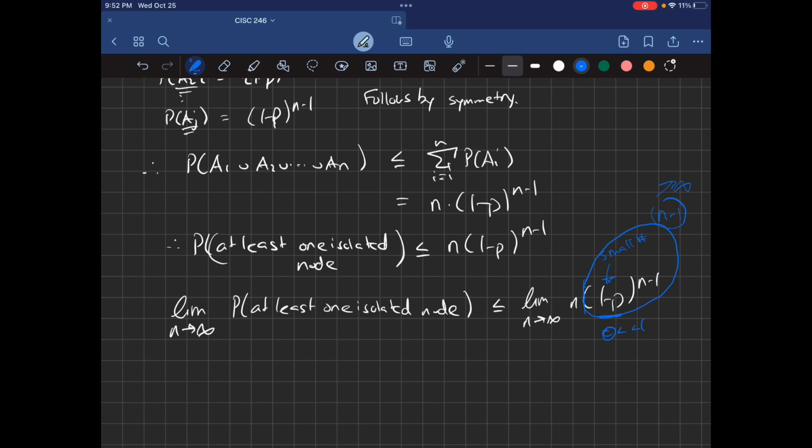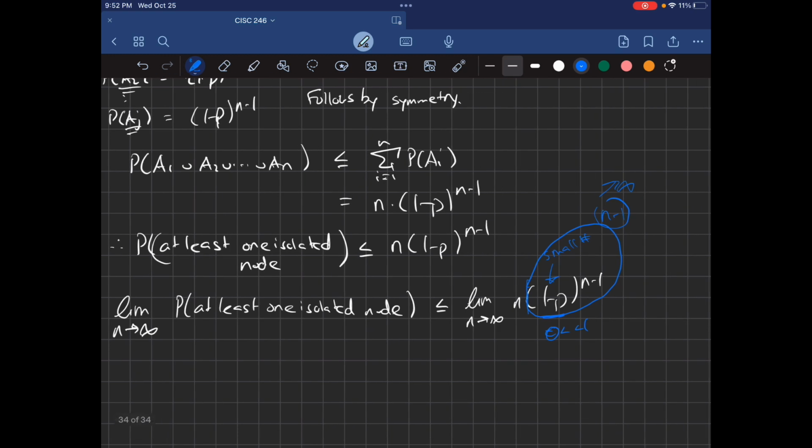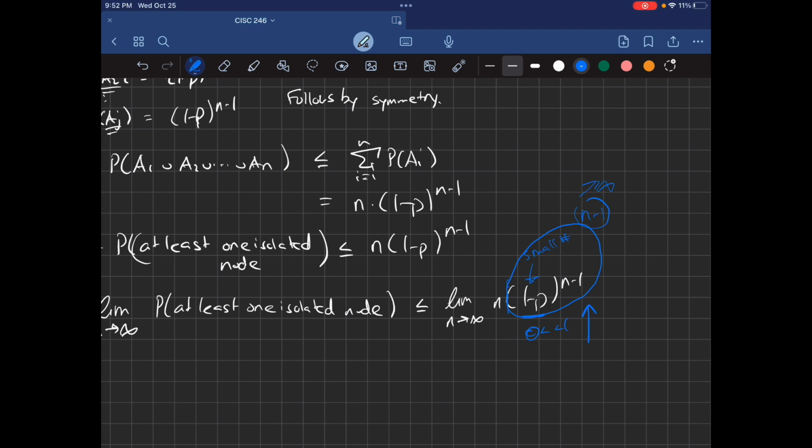And hopefully you know that a really small number taken to an exponent of a huge number is going to decrease exponentially. So that blue piece here is exponential decay, and that's going to 0. On the other hand, we do have this n here, and that's going off to infinity. But this here is what we call linear growth. And hopefully you know that exponential decay is much stronger than linear growth, and it's always going to win.